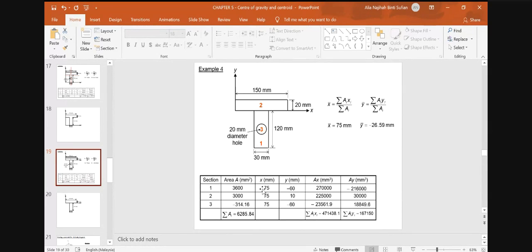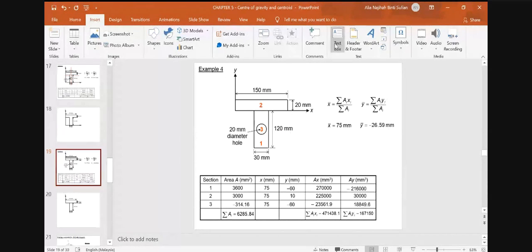The X bar is all 75 here for all parts or sections. The area is still negative because it is hollow. The Y bar now is different. Okay, the Y bar for part 1, let's draw the line.